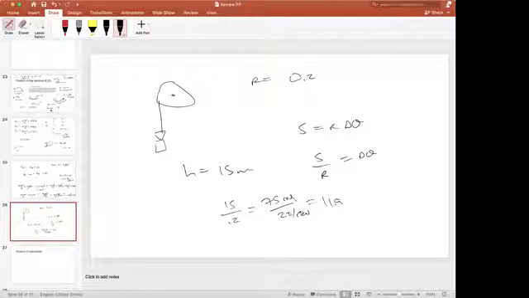So when something with a radius of 0.2 goes around almost 12 times, it passes through 75 rad. It goes through 2 pi rad every time it goes around. 2 pi is a little more than 6, and 6 times 12 is about 75.